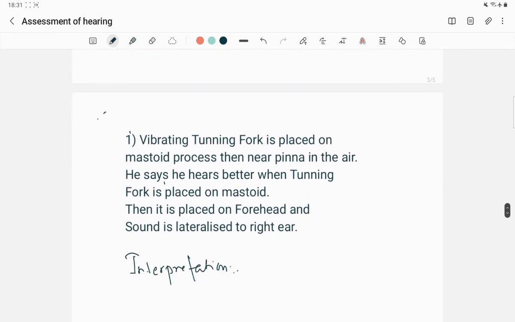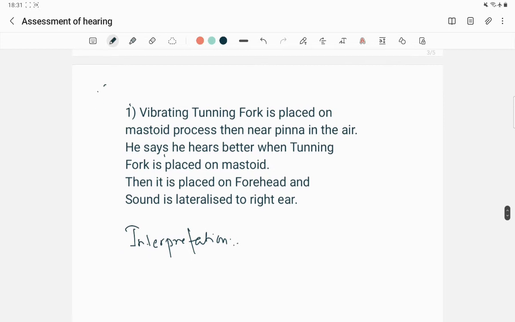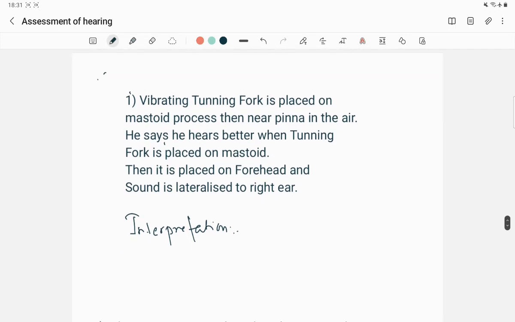Okay, let us do two exercises that will help us get a better conclusion of our topic. A vibrating tuning fork is placed on the mastoid process, then near the pinna in the air.